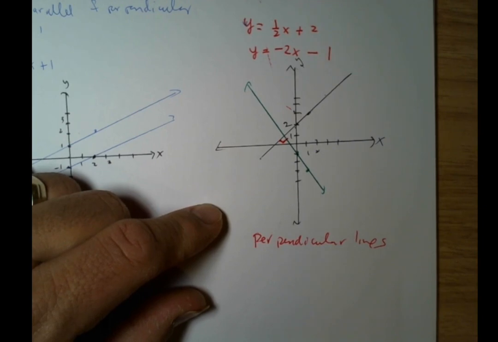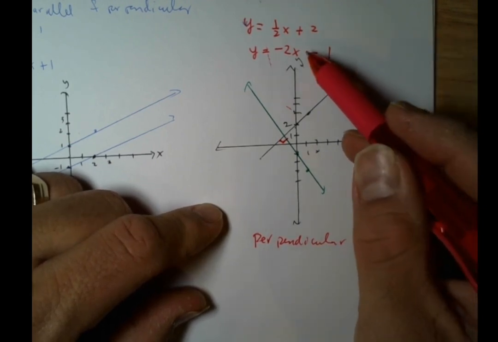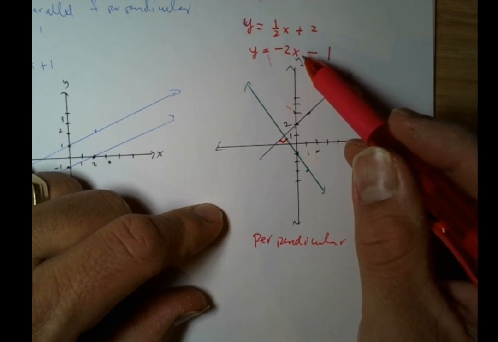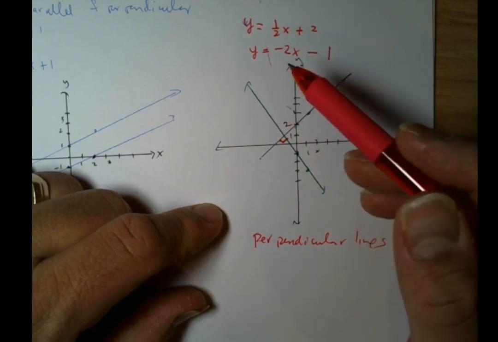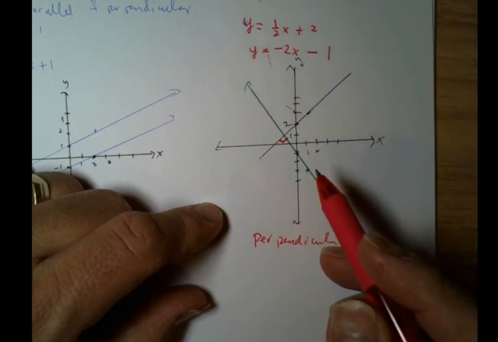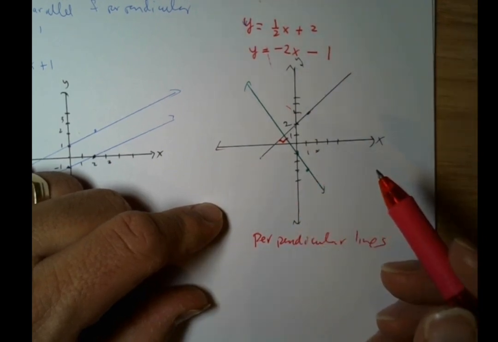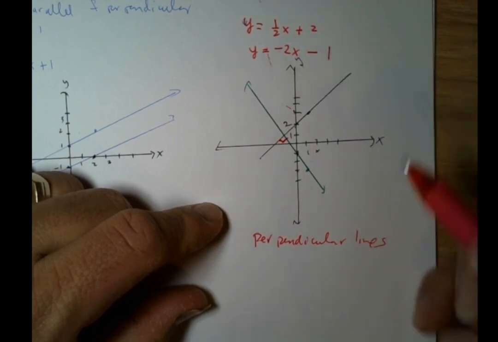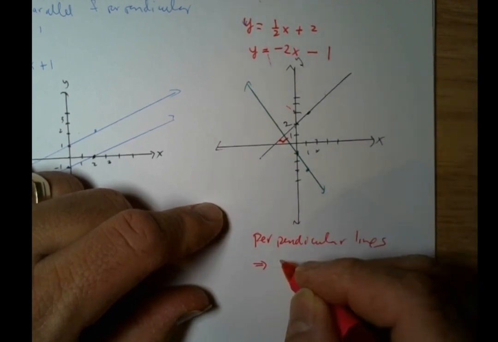Now, how do I know when this occurs? Well, if we take a look at their slopes, they're not the same, but they are related in a particular way. The way I can tell when two lines are perpendicular is their slopes are negative reciprocals of each other.